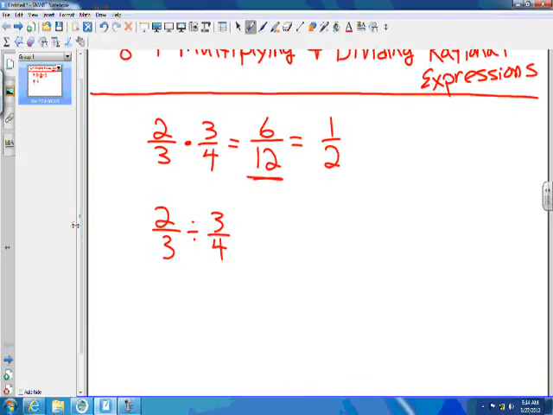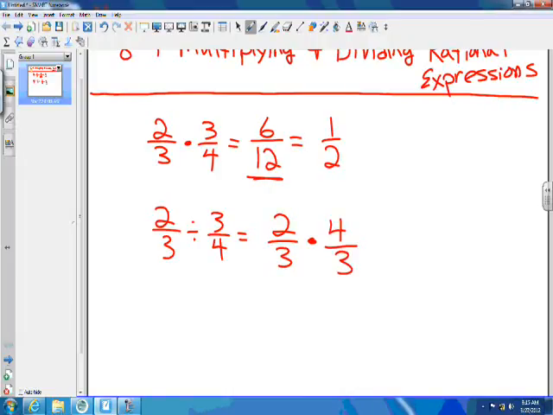That's just more time it's going to take you. If you realize that this is a divide problem, I would go ahead and just write down the first fraction, change it to times, and flip the second one. So you would have 4/3.